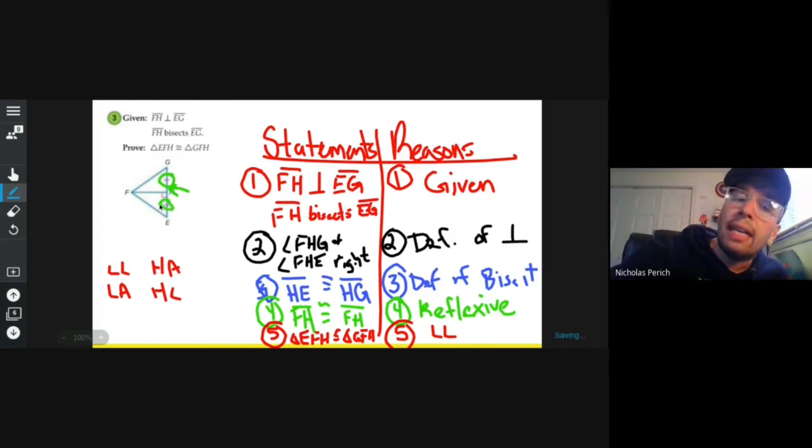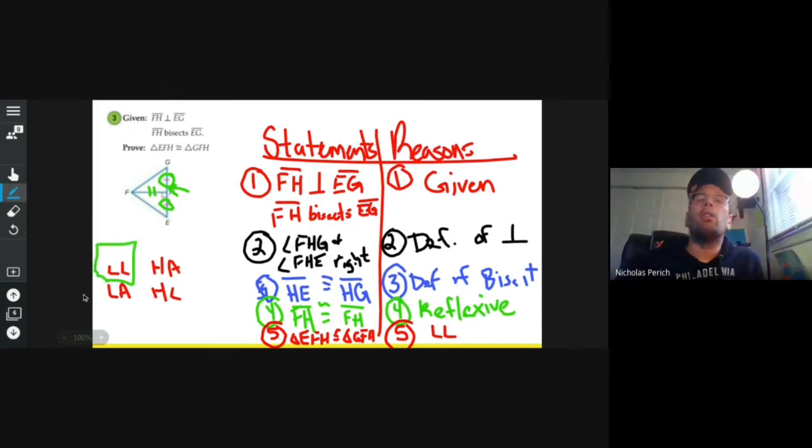That's a leg. And since these are the same exact side, those are congruent to each other. That's also a leg. Therefore, I can prove that these guys are congruent using the leg-leg congruence postulate. The leg-leg congruence postulate. The LL. Or those of you who speak Spanish, the LL.